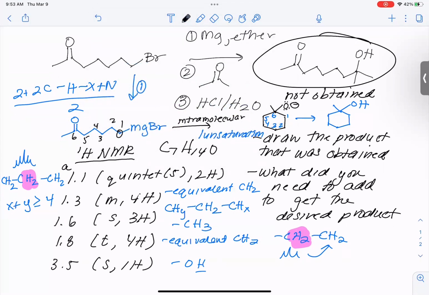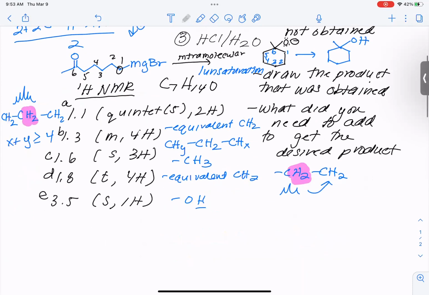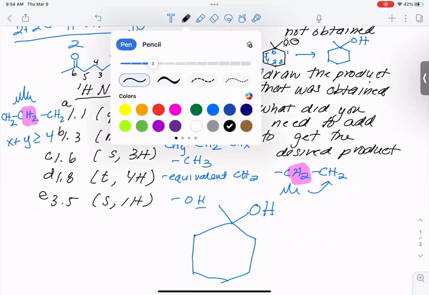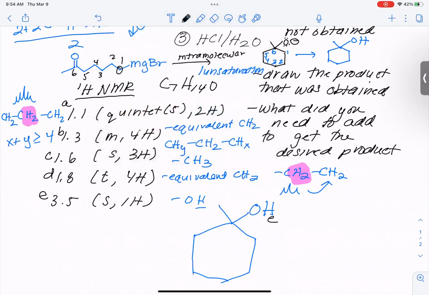So if I make A, B, C, D, E, and then I take my structure, I'll make my structure a little bit bigger down here. All right, so this is hydrogen E. The methyl hydrogens would be C. The quintet would be here.